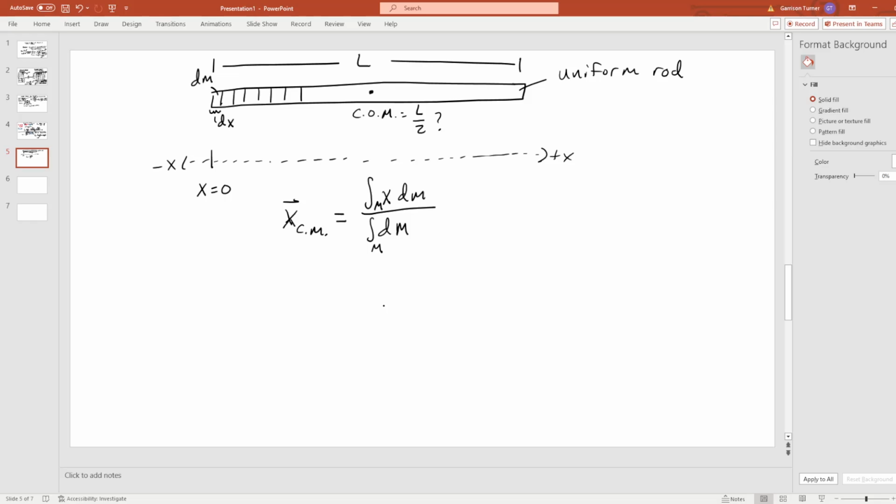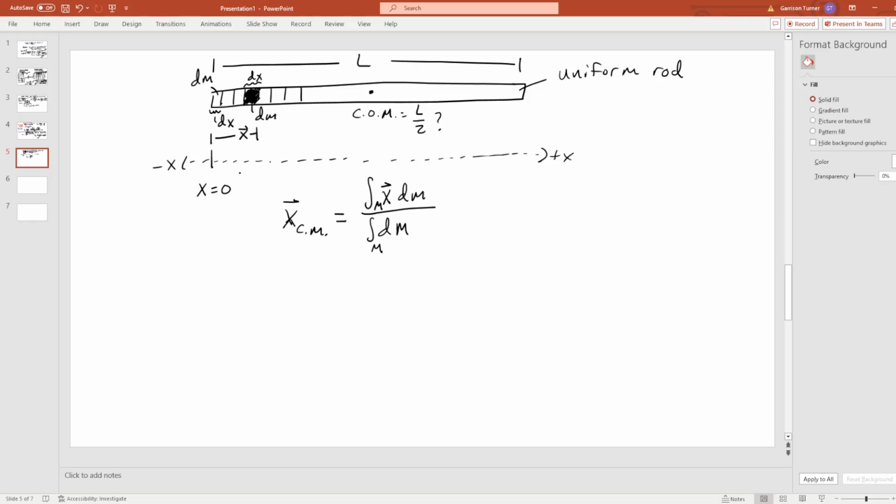So now I have this kind of integral. If I look at this particular little piece of my rod, then I will have width dx and I will have mass dm, but it lies a distance x away from the origin.